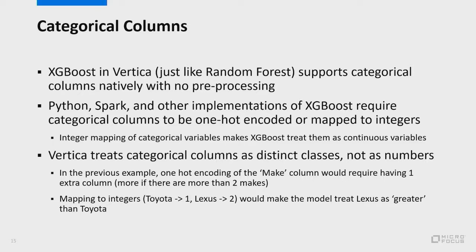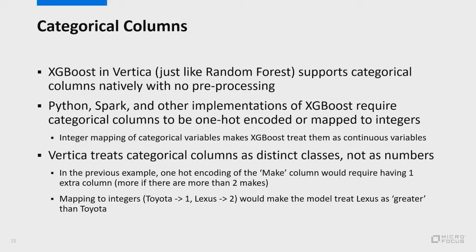And mapping to integers is also not a great option because then the algorithm treats these values as if they were numerical values. So for example, if we mapped Toyota to 1 and Lexus to 2, it would make the model treat Lexus as if it was a greater value than Toyota, which doesn't really make sense and might work okay, but it's not a great approach.